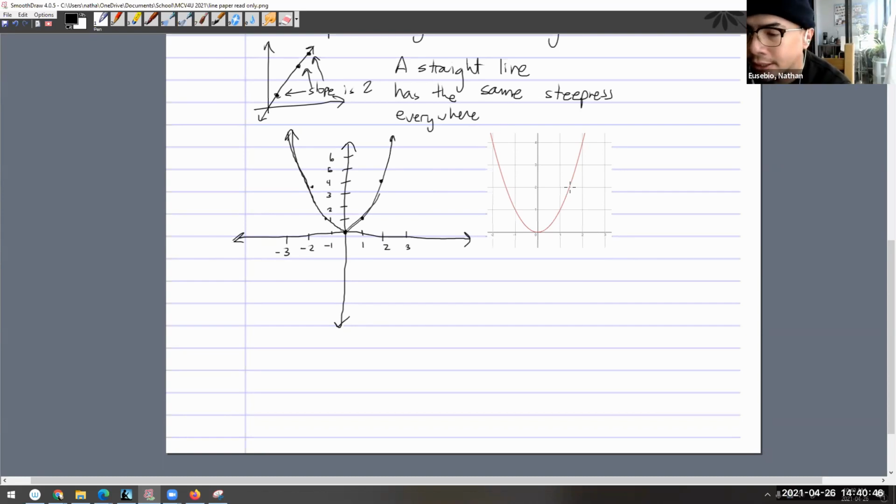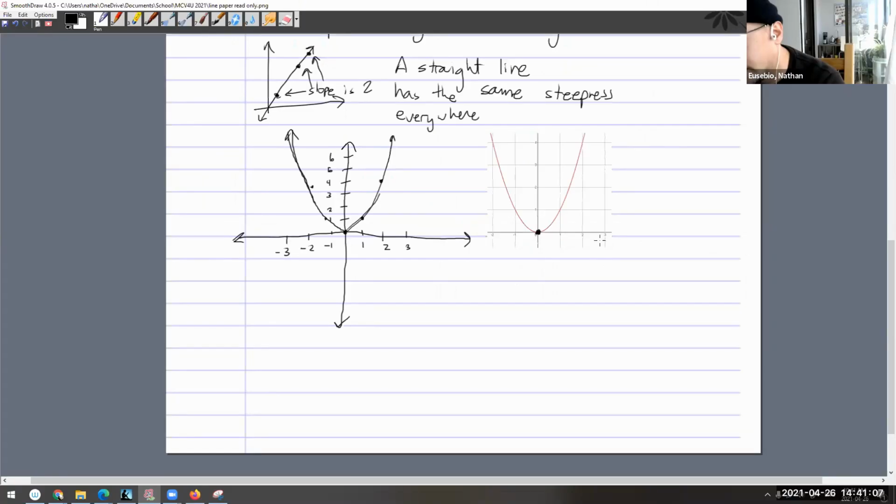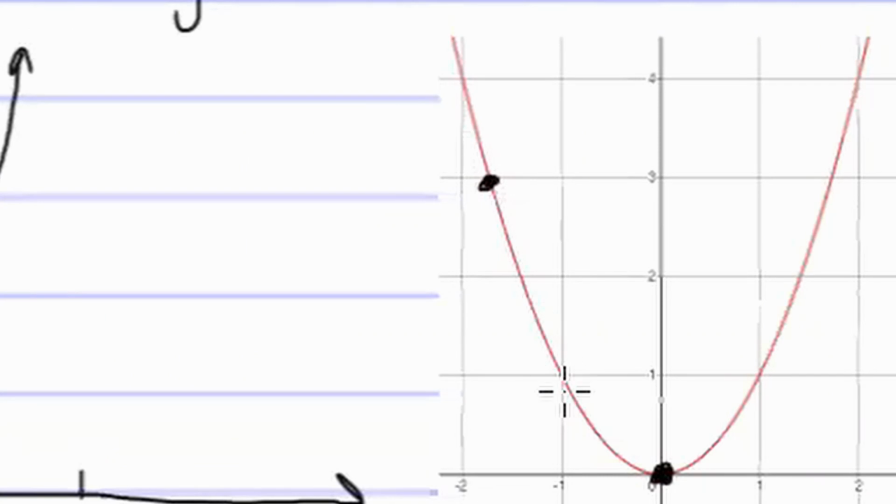If we compare a straight line, it's the same steepness everywhere. But with a curve, the steepness changes wherever you pick your point. For example, right at the vertex, I'd say it's almost flat. If I pick a point over here, my slope would be negative because the curve is going down.